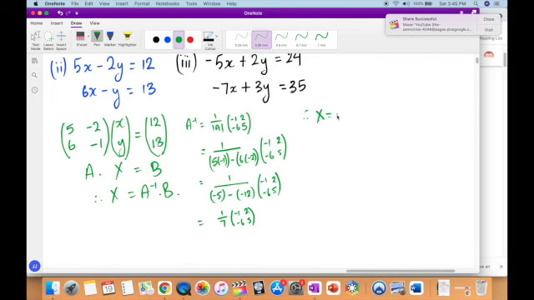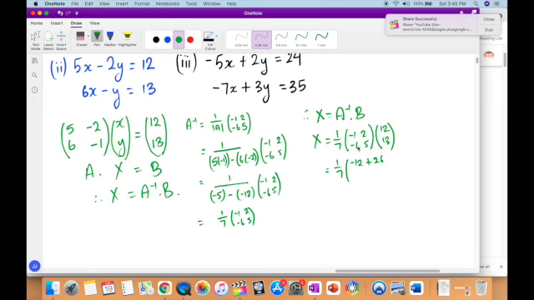X is equal to A inverse times B. X is equal to 1 over 7 into negative 1, 2, negative 6, 5 times B, which is 12, 13. Right? So that is 1 over 7 into negative 1 times 12 is negative 12 plus 2 times 13 is 26.